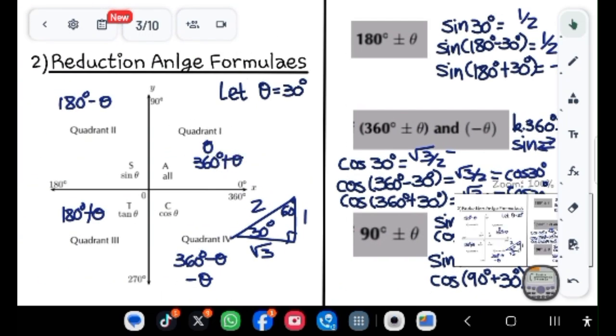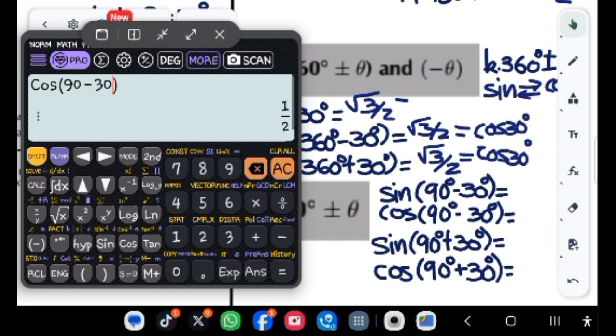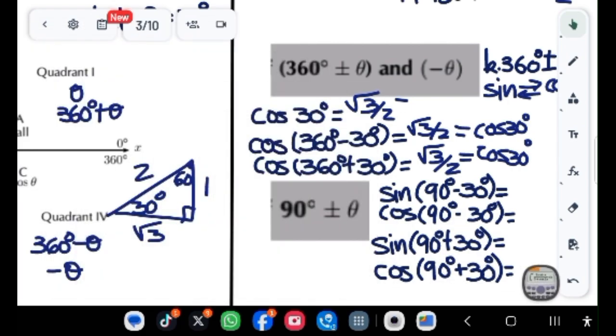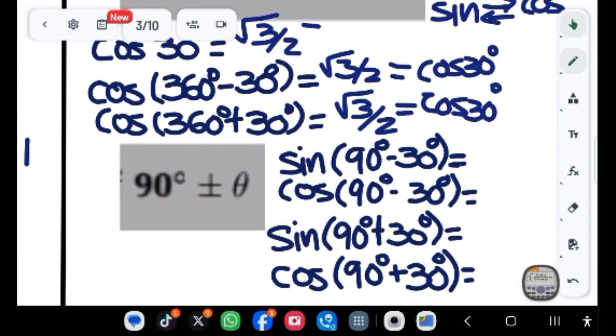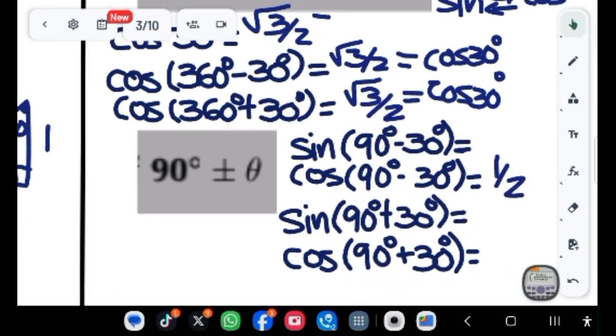It will be in the first quadrant. Let's see. Cos of 90 minus 30 is 1 over 2. 1 over 2 is the same as the sine of 30 degrees.